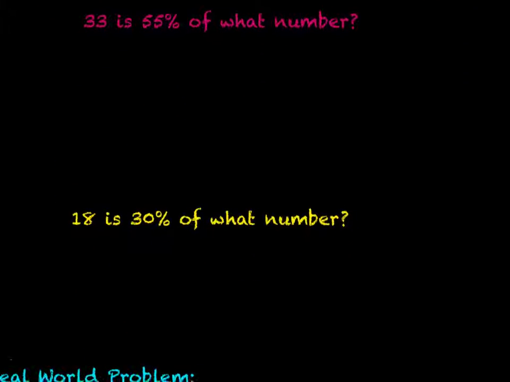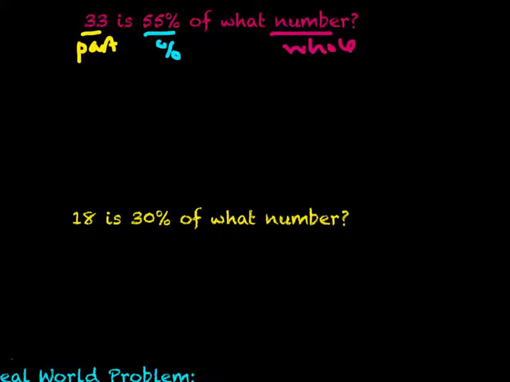The last type of problem we're going to be dealing with is: 33 is 55% of what number? We can play around with our original equation where we have our part, our percent, and our whole. So our part is 33. That equals our percent, which we know is 55, so we can write that as a decimal, 0.55, moving the decimal over 2 places, times our whole number.